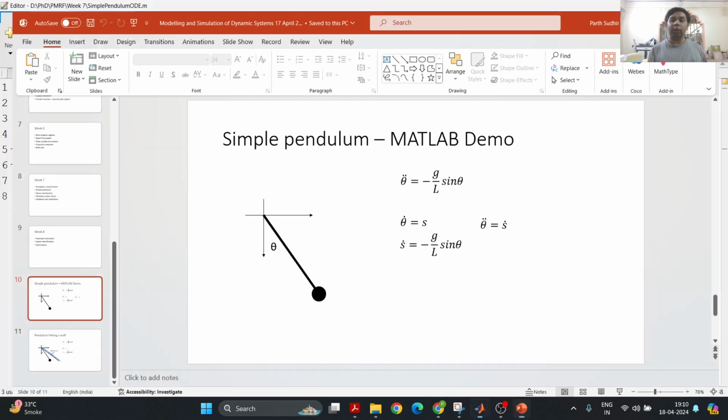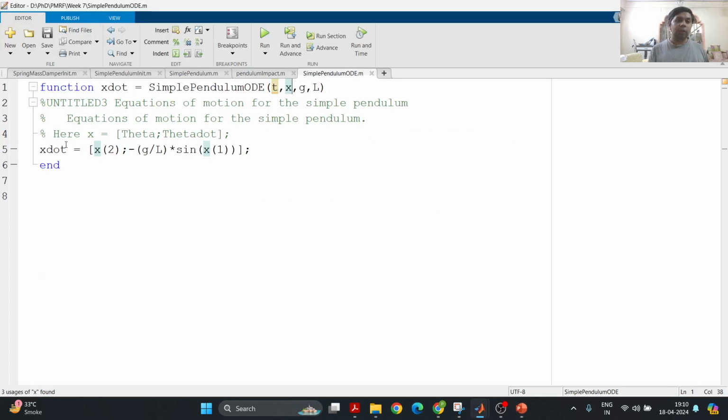Therefore the first row of x dot will be x of 2, the second element of x, and the second row is s dot, which is minus g by l sine theta. Theta is the first element of x, which is x of 1. So we write it as minus g by l sine x of 1.